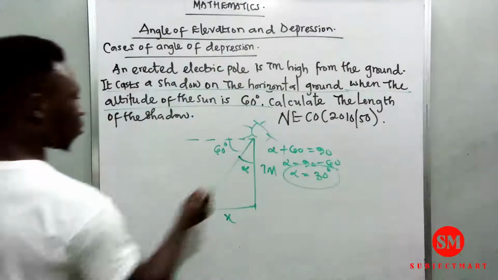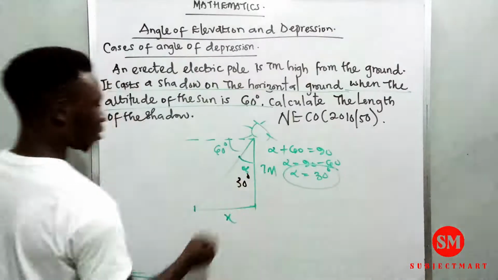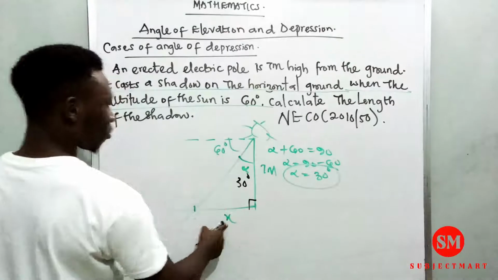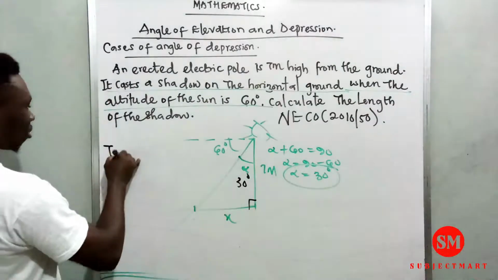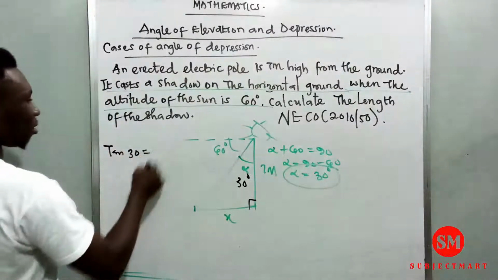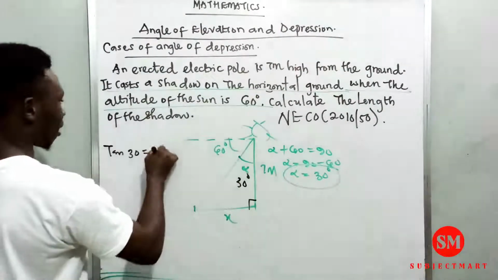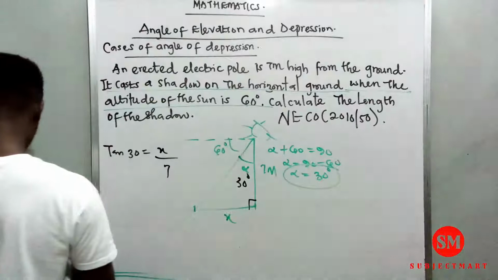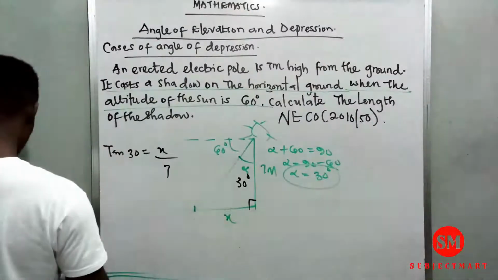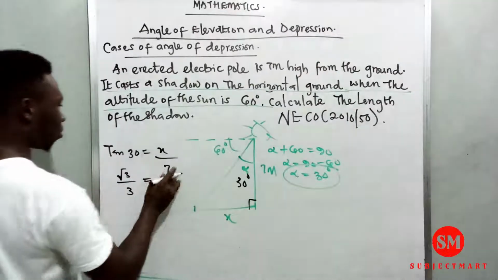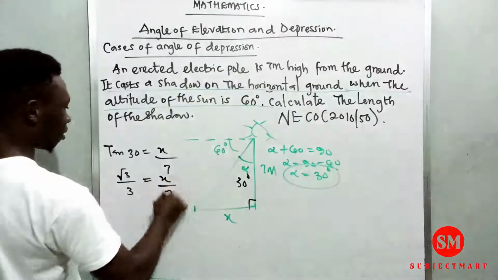Since here is our 30 degrees, we can use that to evaluate this right angle. So what's the relation? This is tan. So tan 30 is equal to x over 7. Tan 30 gives us root 3 over 3 equal to x over 7.